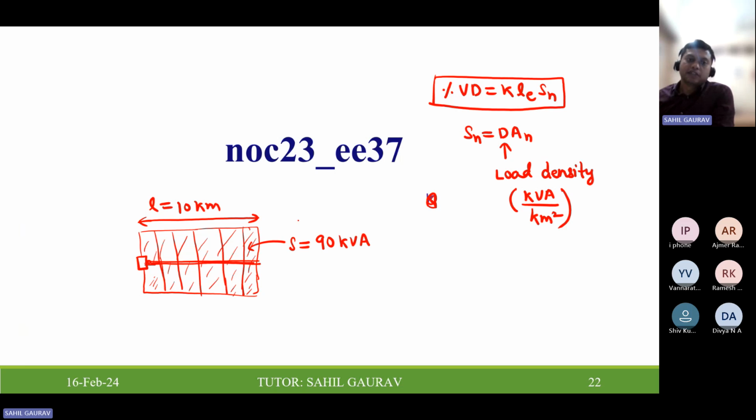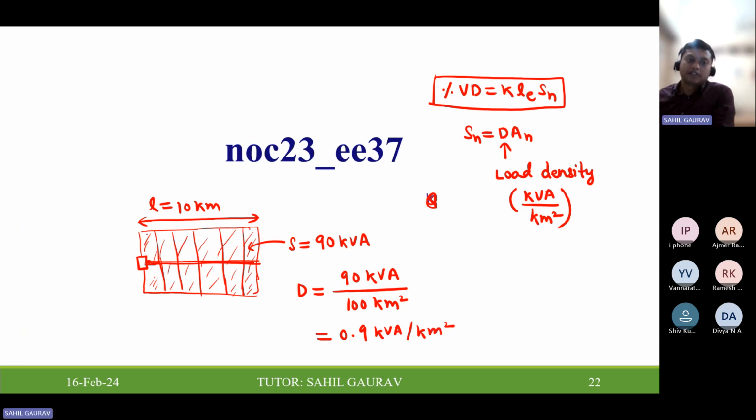So it is very simple. It is serving 90 kVA, so what will its load density be? 90 kVA, and its area is 100 kilometer square. So its load density will be 0.9 kVA per kilometer square.